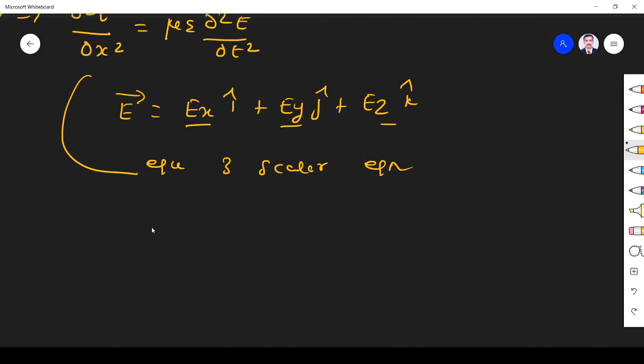We assume that the wave has only an Ey component, because E is in the y direction. The wave is propagating in the x direction, so the electric field has a y component and the magnetic field has only a z component.